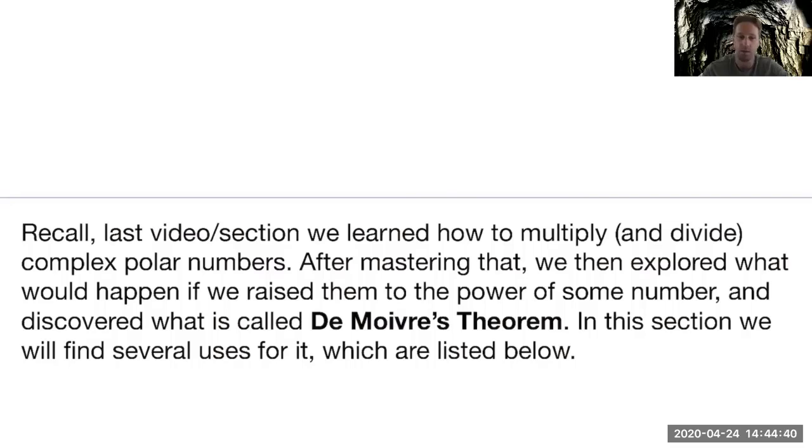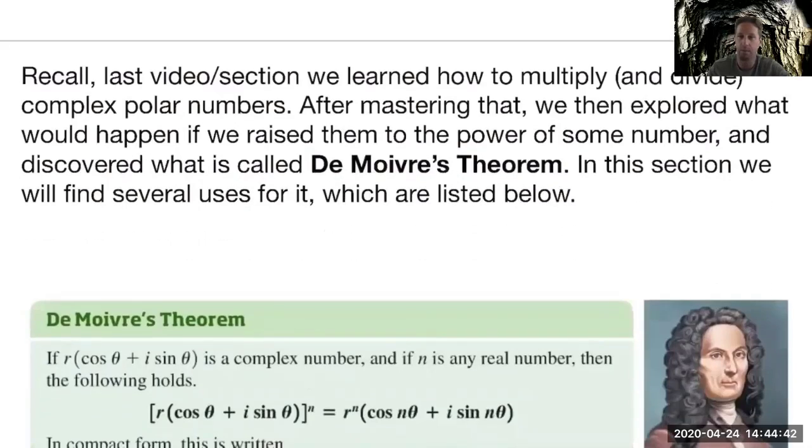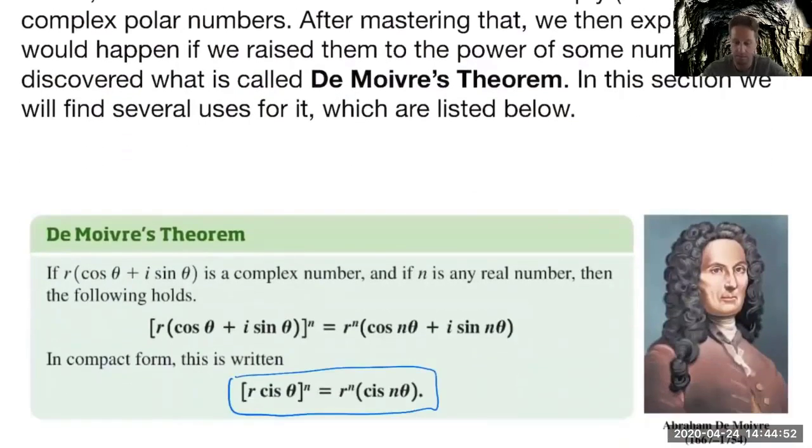So we're going to be finding some of the different applications of that rather than this scenario because it's just less to write. So hopefully you guys are okay with using cis rather than cosine theta plus i sine theta. I like my cis, so I'll continue to use it.